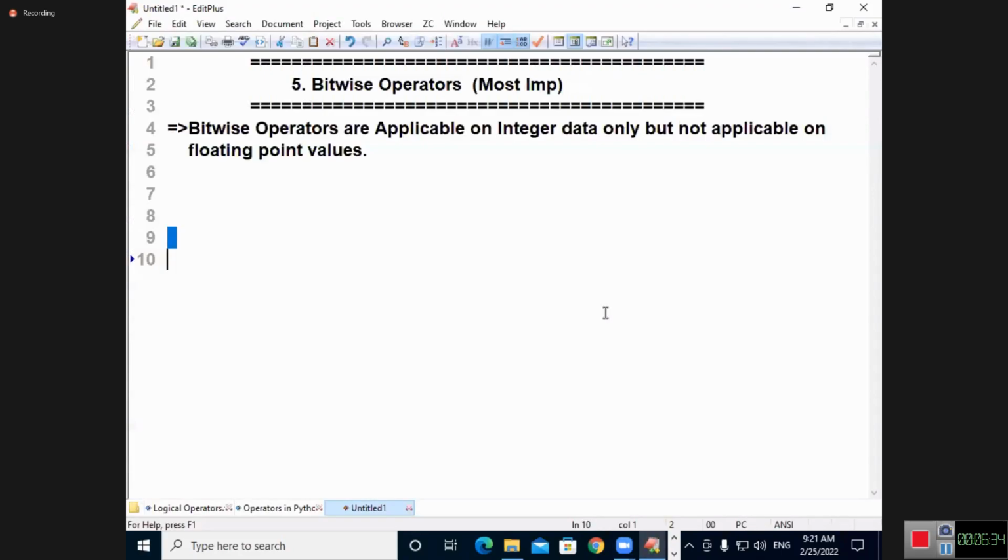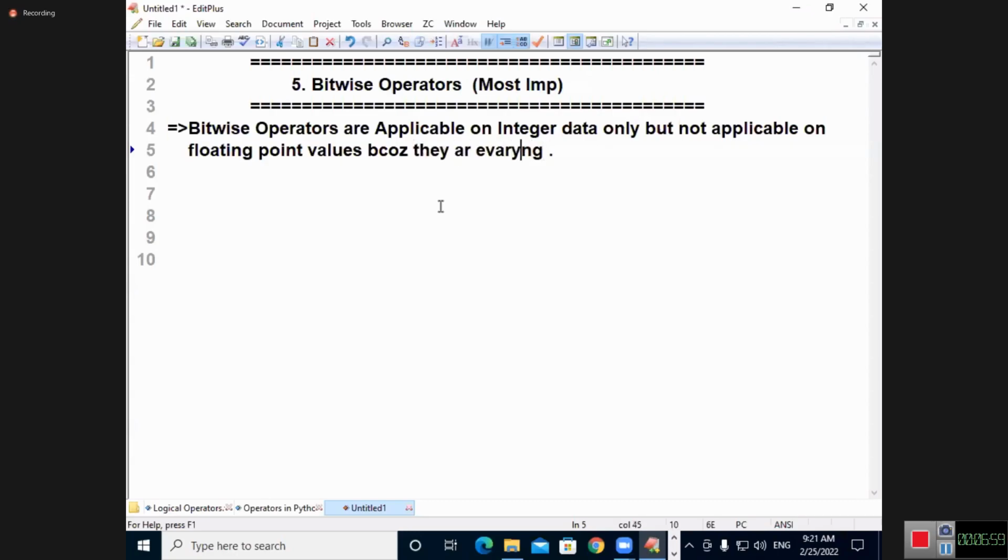So this is the question you will come across. Bitwise operators are applicable only on integer data, but not applicable on floats, because they are varying in the precision part.